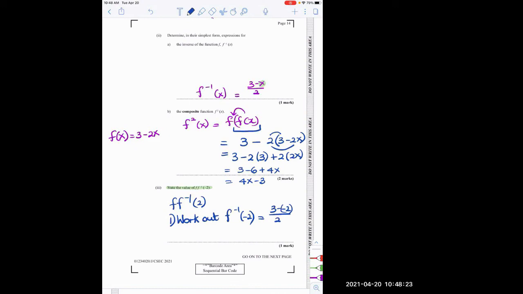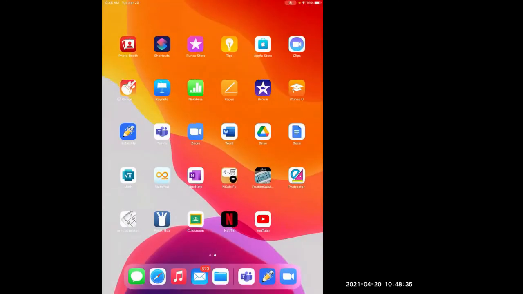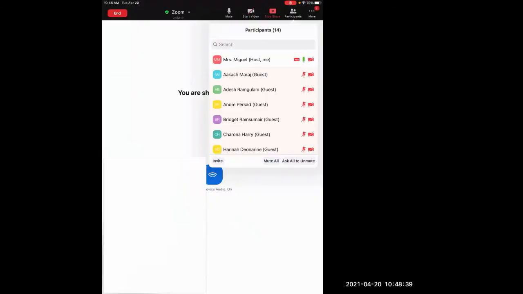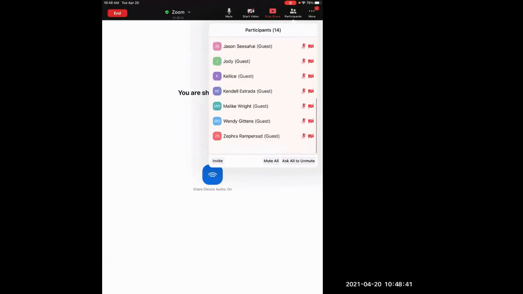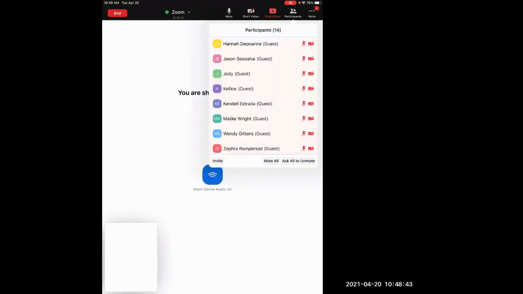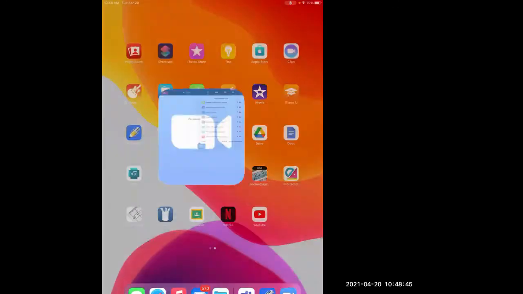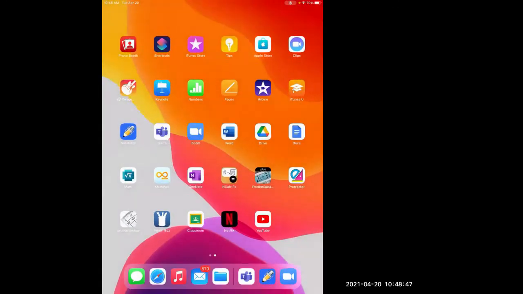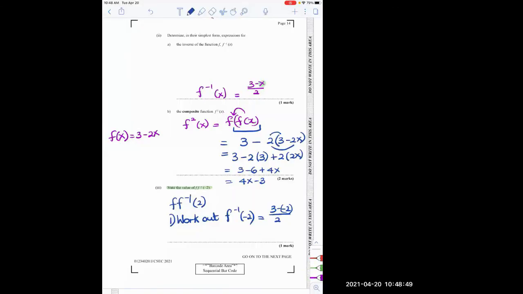Three minus negative 2. How much is that? Anybody? 3 minus negative 2.